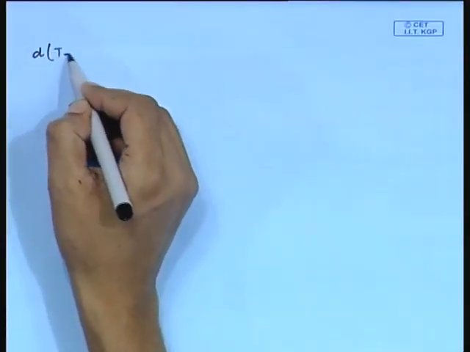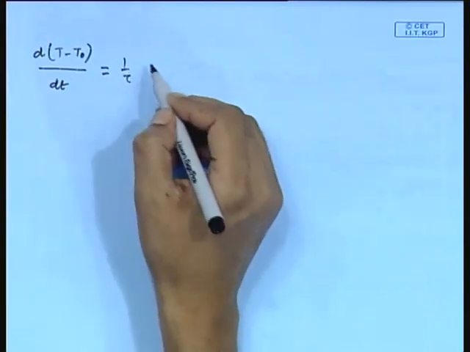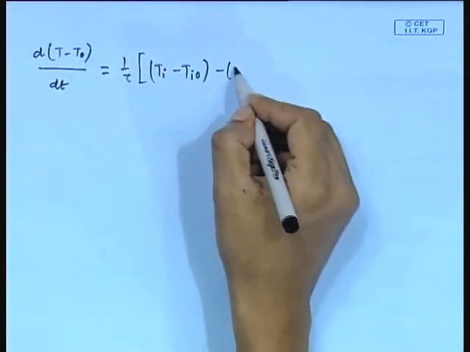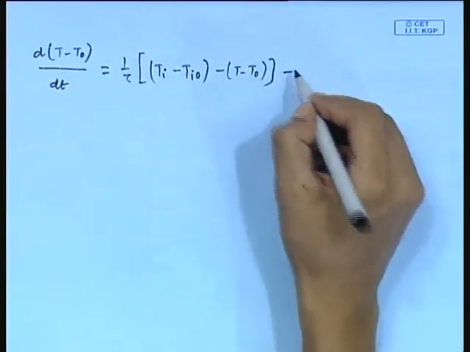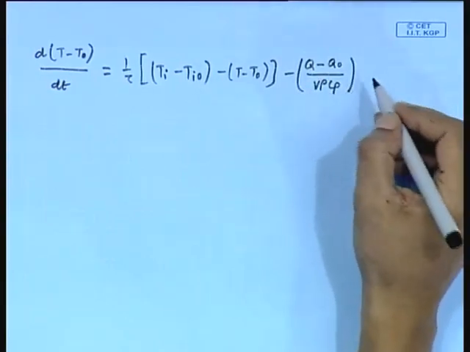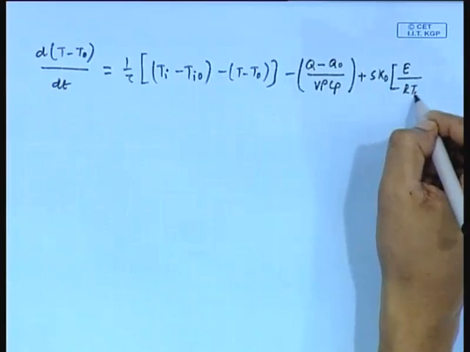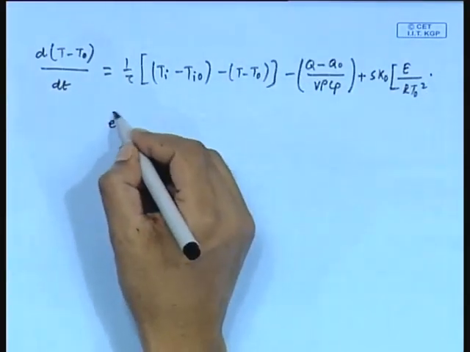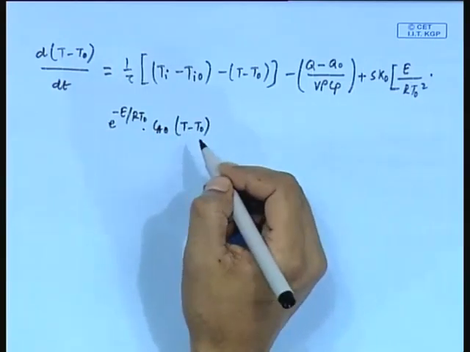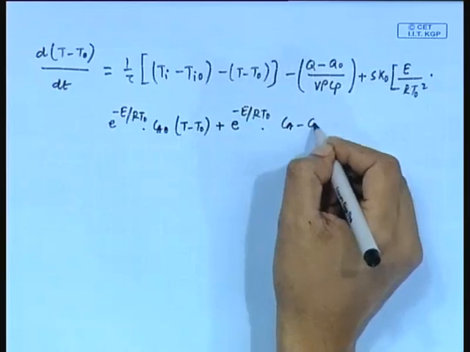That will be d(T minus T naught) dt equal to 1 by tau, T I minus T I naught, minus T minus T naught, then Q minus Q naught divided by V rho C P, plus S K naught multiplied by E divided by R T naught square, exponential of minus E divided by R T naught, C A naught, T minus T naught, plus exponential of minus E divided by R T naught into C A minus C A naught.